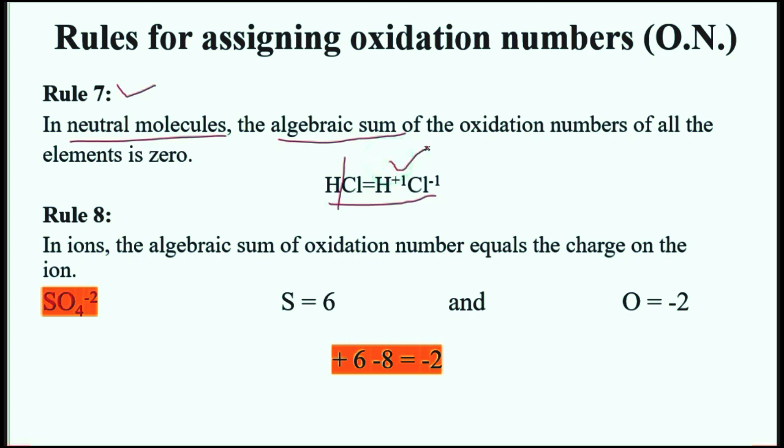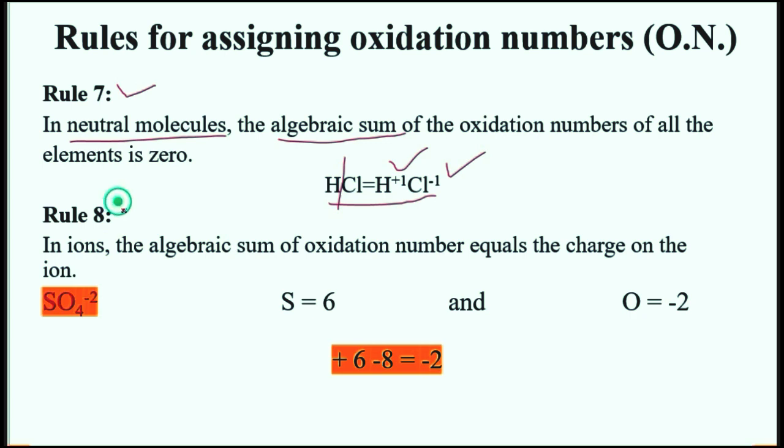The oxidation number of hydrogen is +1 and of chlorine is -1. So the algebraic sum, +1 -1, is equal to 0.